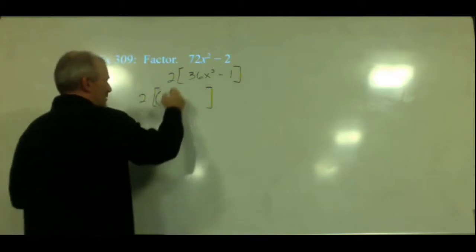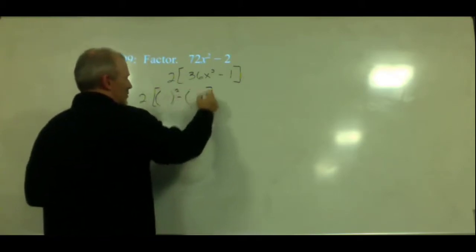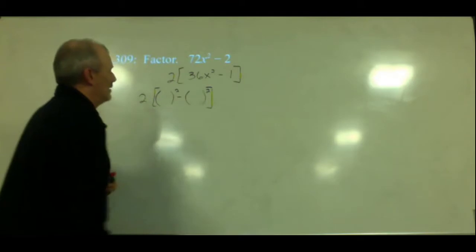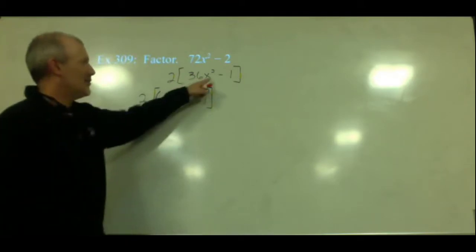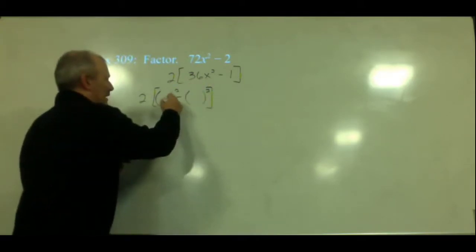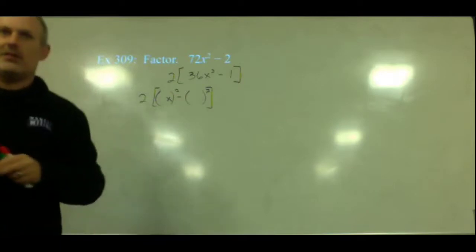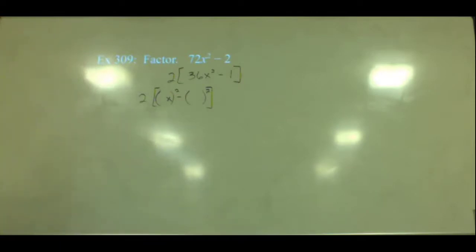And our pattern is something squared minus something else squared. Okay, and again, in the first one, hopefully it's clear that should be an x, because x is squared. And then what number squared will give us 36? 6. 6 squared is 36.